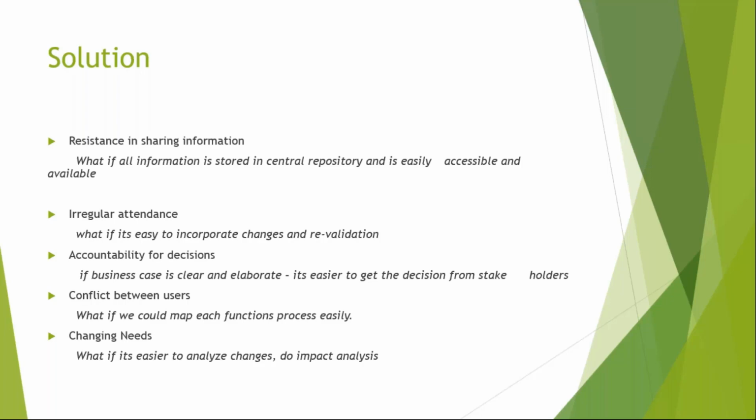And then when it comes to the conflict between the users, what if we can easily create different process maps, one for each functionality, and then show them the impact analysis, how or if it's going to affect their function at all or not. If they have better visibility, there will be lesser conflict. And with the need of the changing requirements, again, if it's easier to incorporate, it will make our life way easier.